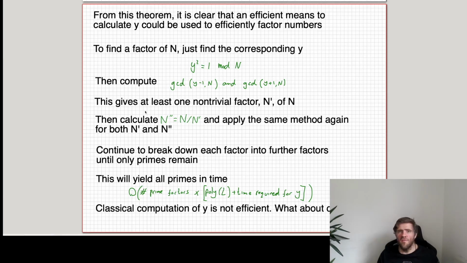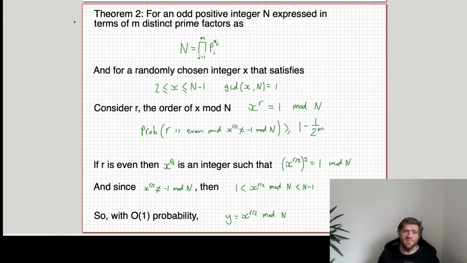And this will yield all primes in a time which is dependent on the number of prime factors and polynomial in L, because that's the amount of time we need to take y and turn it into these factors, and also the time required for y. Now, if we use only classical computation, then the time required to find these y's is not efficient. So what about with a quantum computer?